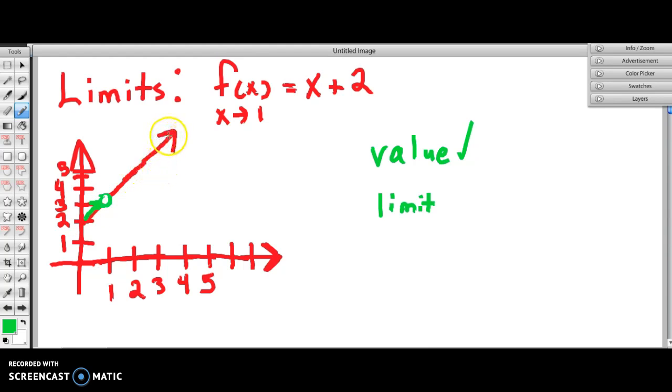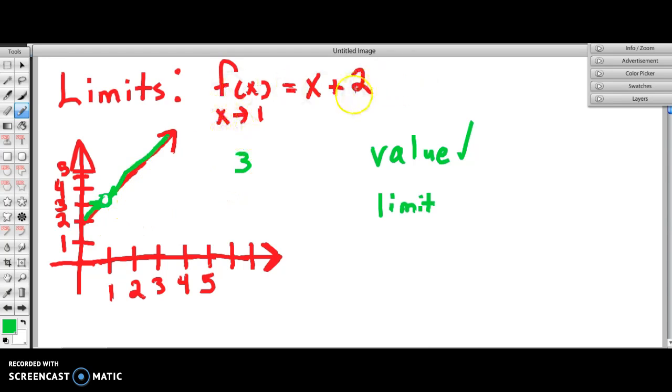And vice versa, as I approach 1 on the right side, I'm also getting really close to 3. So I can assume that the limit of x plus 2 as I approach 1 is going to be 3.